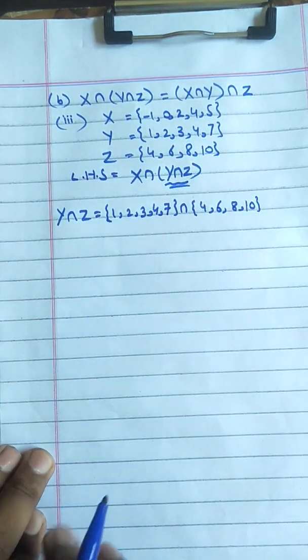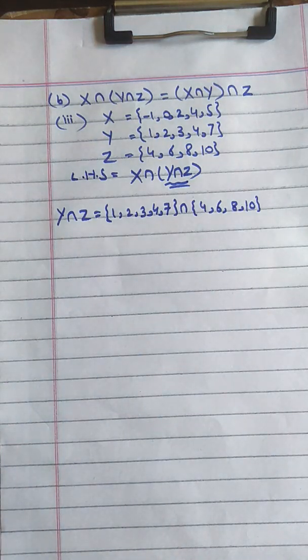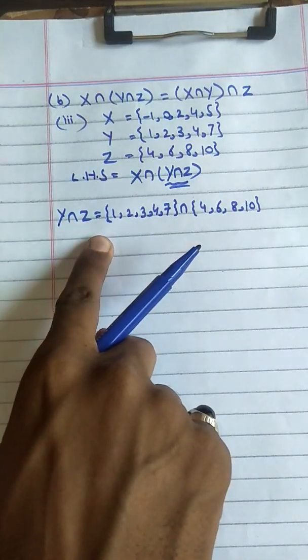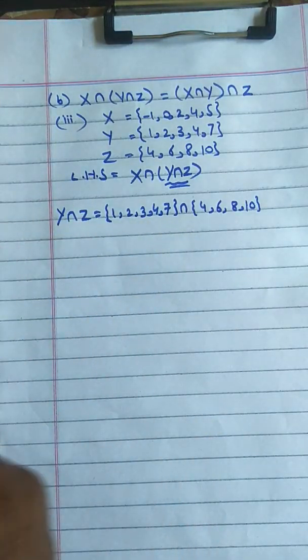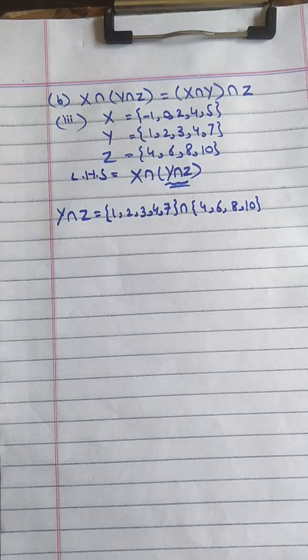As you know, in intersection we have to write the members of both sides, only the members that belong to both sets, not only one. In other words, matches between both sides. Both sides mean both sets.